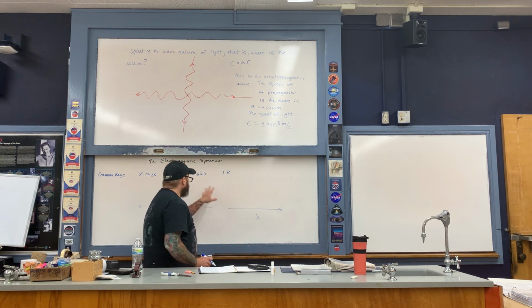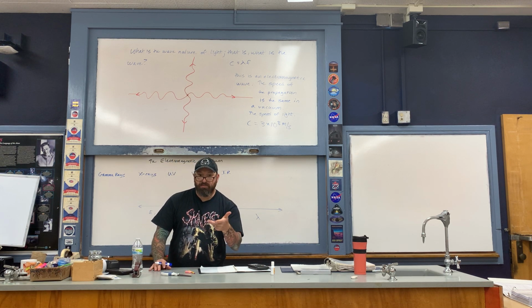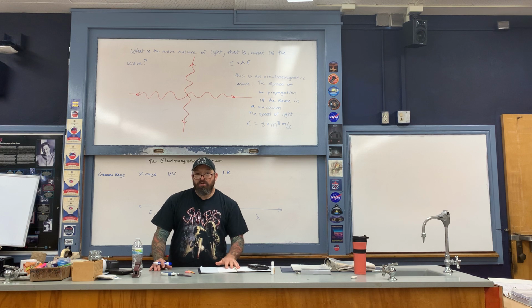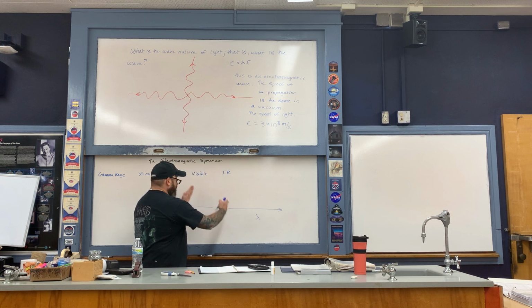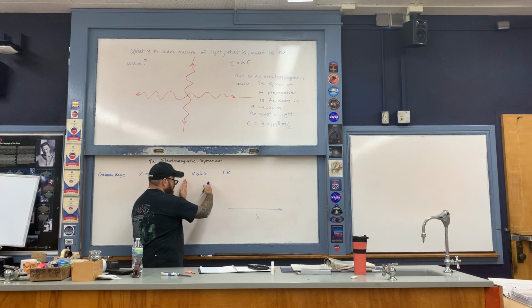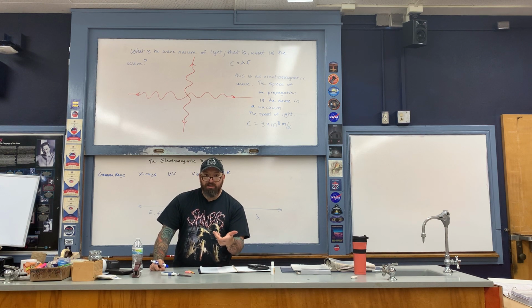Now the visible portion of the spectrum, what we can actually see as the spectrum of colors, for example, the window associated with that spread of colors is actually quite small. It's only a few hundred nanometers wide here on the diagram. There's a very easy mnemonic to remember for the order of the colors themselves. Roy G. Biv. R for red, O for orange, and so on.